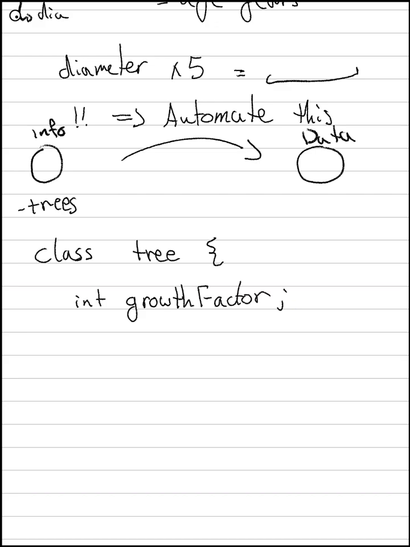Okay. And then, for example, the name and kind of the tree. So it's going to be a string. Yes, exactly. It's going to be a string, the kind of the tree, because that will help us figure out a lot of other information as well.